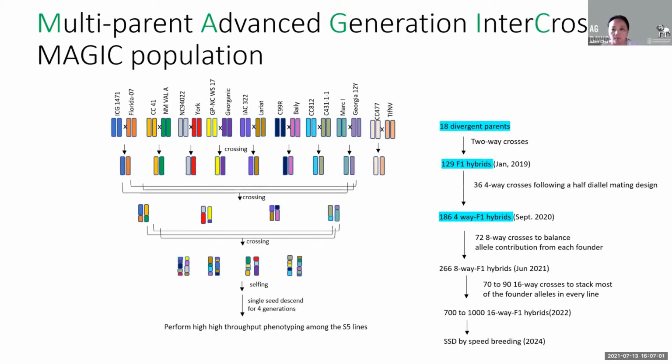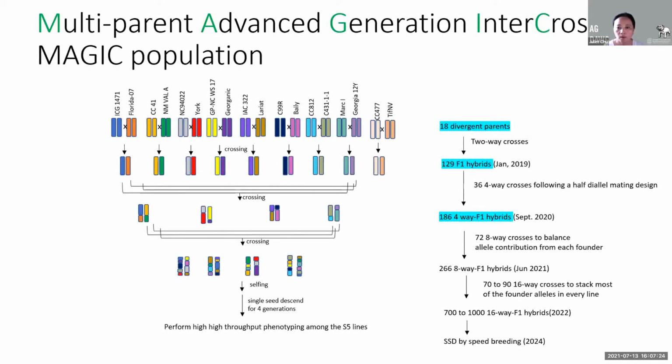And by 2019, we had recovered 129 F1 hybrids. In this whole process of MAGIC population production, we genotype all the founders and also all the potential hybrids recovered from each step. And so the hybridity of the hybrids was confirmed through genotyping.